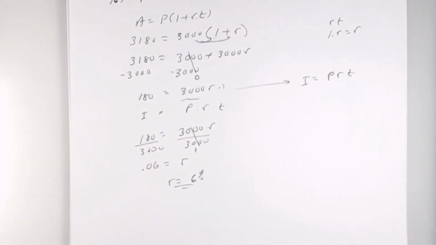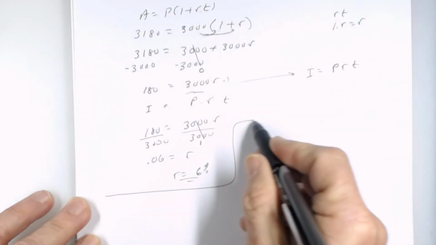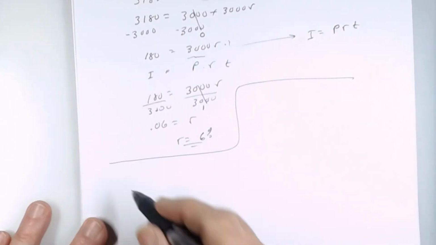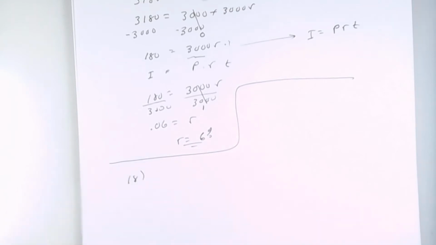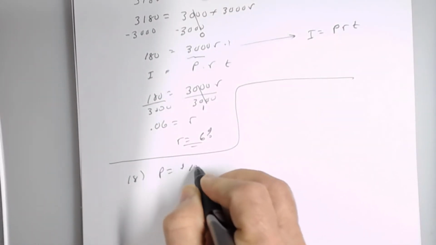All right, 6%. So let's look at 18, and let's think about 18 in an easier format that you can understand. In 18, the principal is $10,000, so the present value is $10,000.